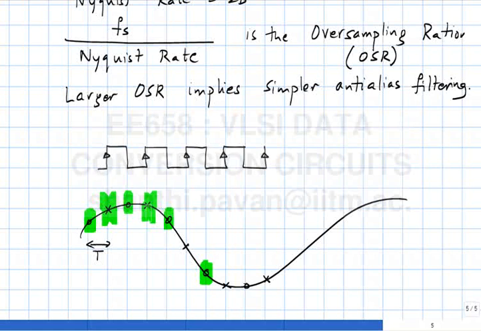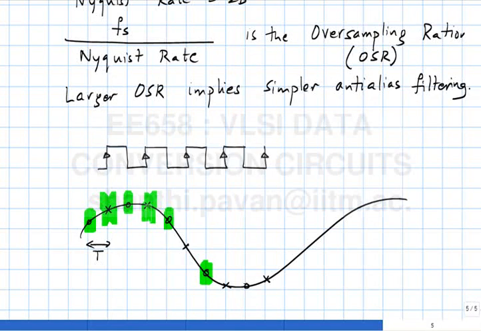However, the sampling instants of both these slow sample and holds are separated by a time instant t. So in other words, you can use two slow sample and holds to equivalently sample at an effectively larger rate. Okay, and the same thing can be extended to m sample and holds.